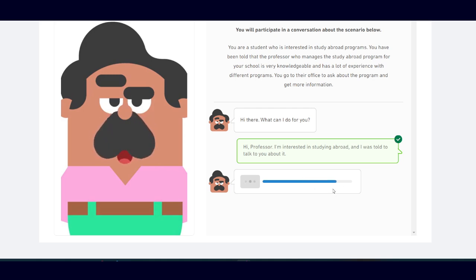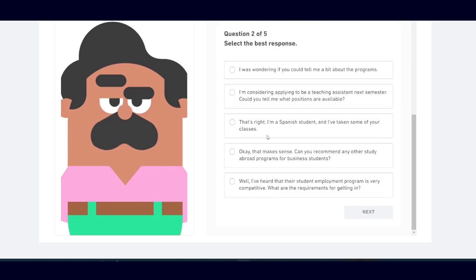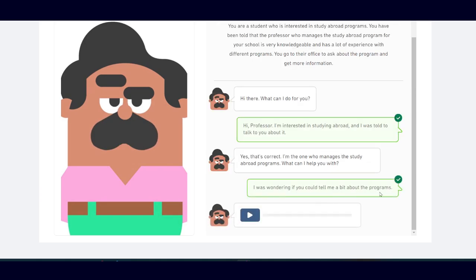What can I help you with? Sure. The programs are open to all students, and you can choose from a variety of different options depending on your interests.